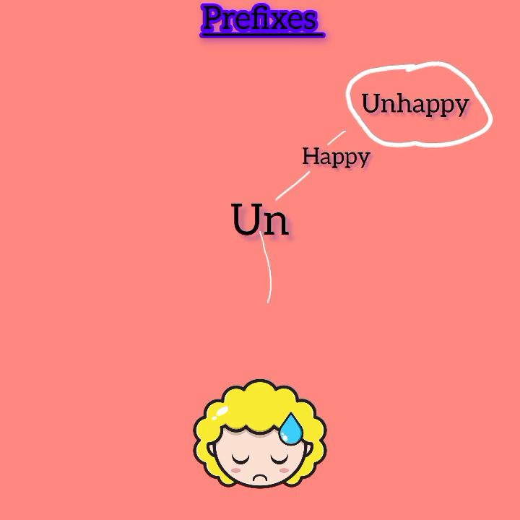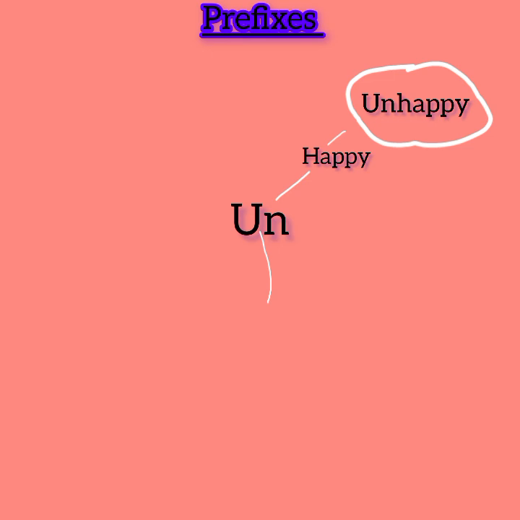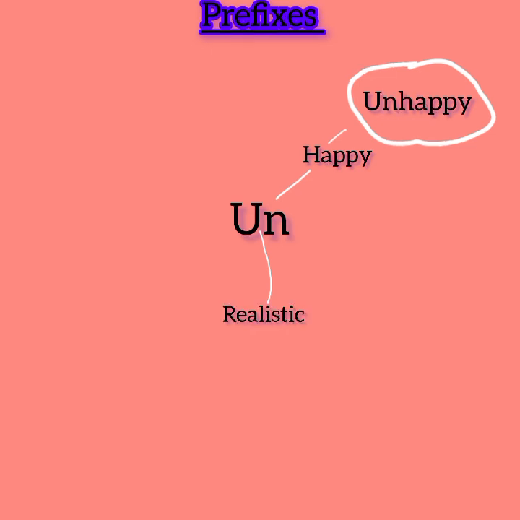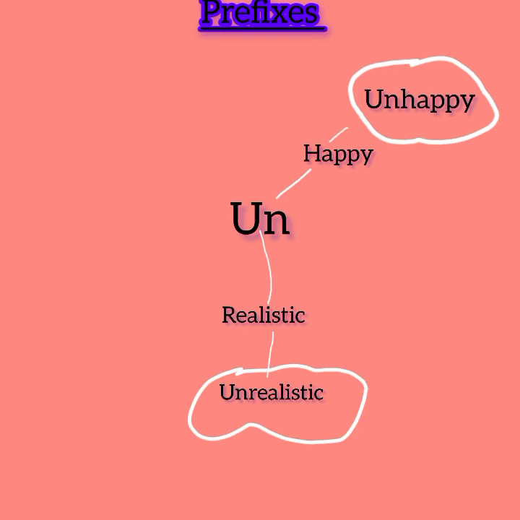Let's take another example, that is realistic. The word realistic means something which is real, true, near to life, practical or pragmatic. But when we add the prefix un onto it, it creates its antonym, its opposite, which is unrealistic.